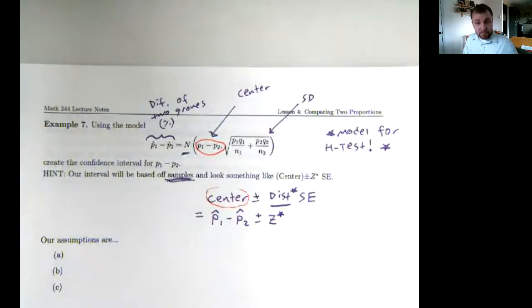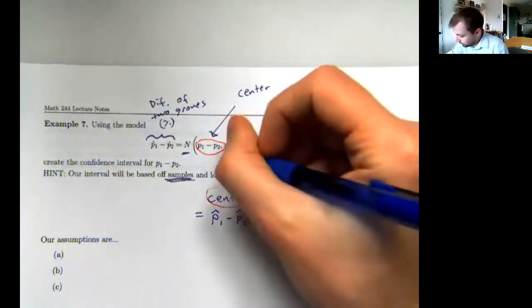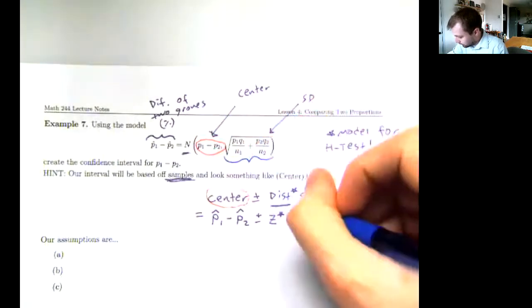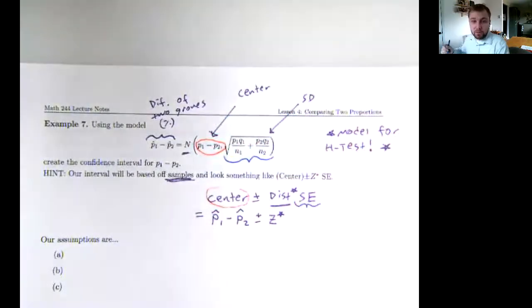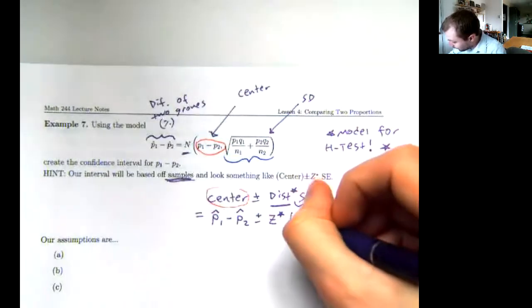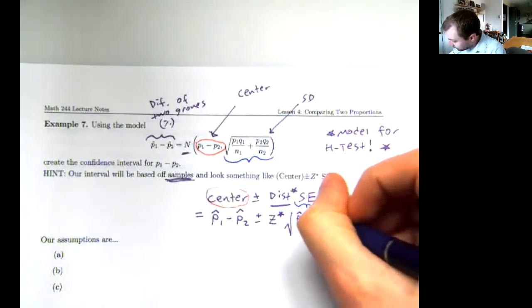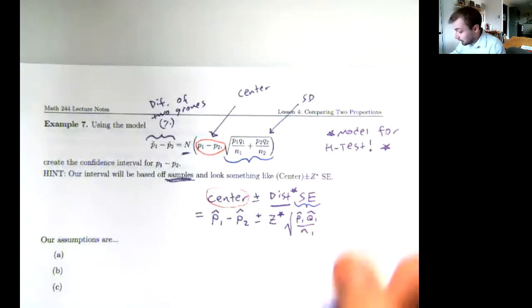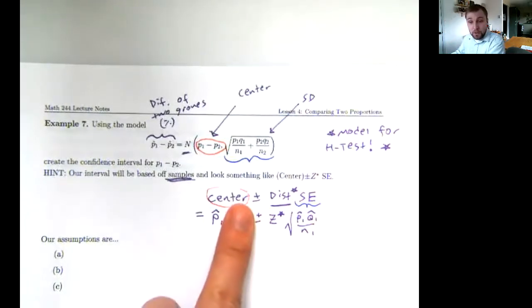Finally, for this last piece, I'm going to take my standard deviation and rewrite that, but based off of the sample. So I'm pretty much hatifying it. Everything that was based off of the population before, I make it based off of the sample just by adding hats. Pausing here. This should look familiar.